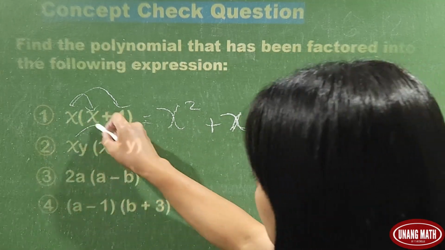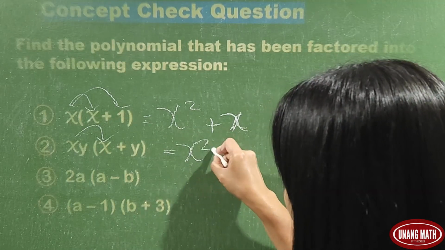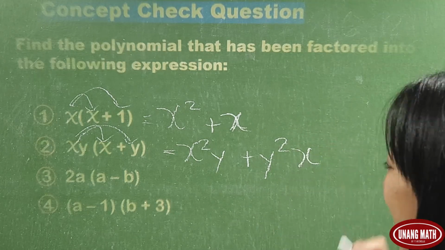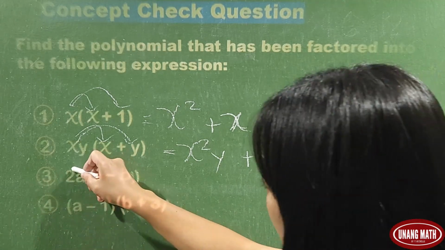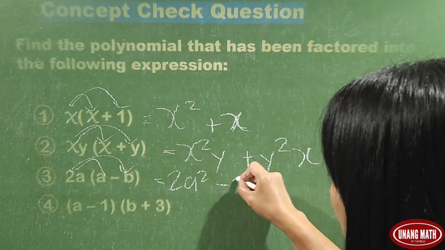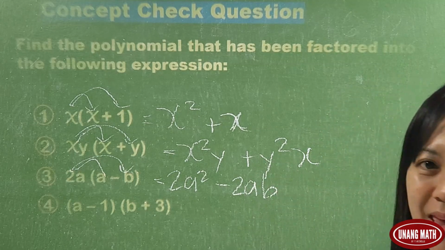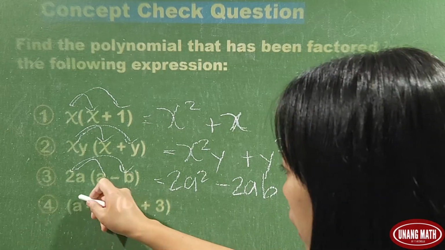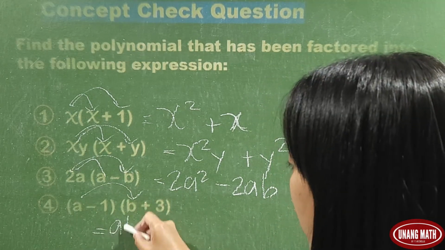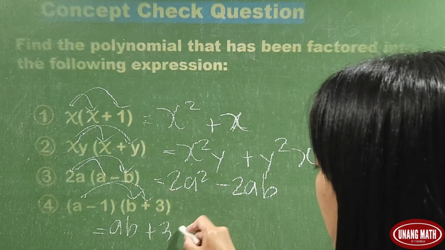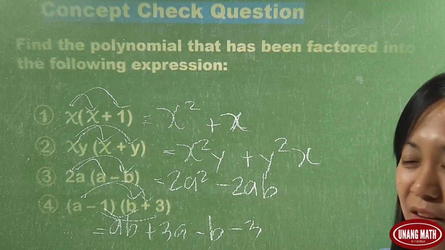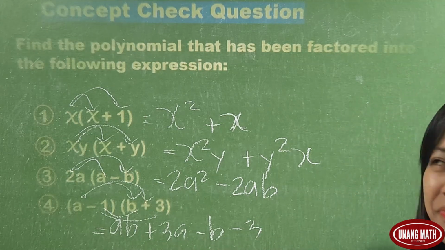What about number 2? This is then x squared y plus y squared x. For number 3, we have here 2a squared minus 2ab. What about number 4? Using the distributive property, let's find the expression. So this is ab plus 3a minus b minus 3. So this is the expression.